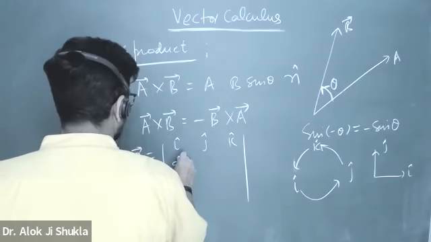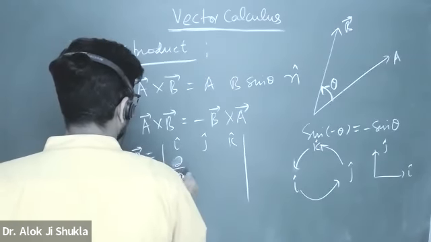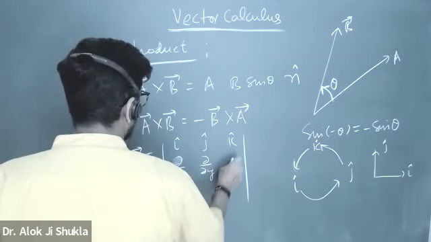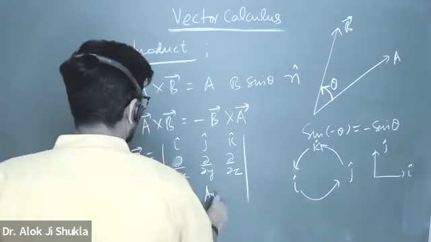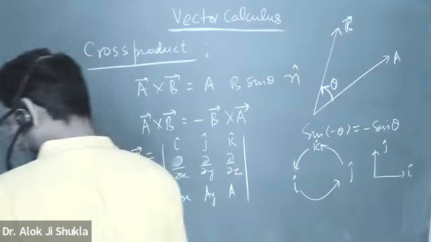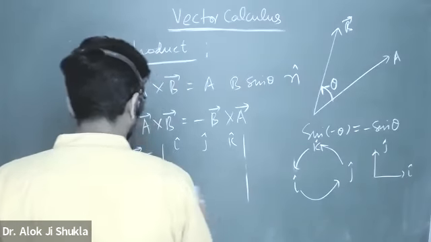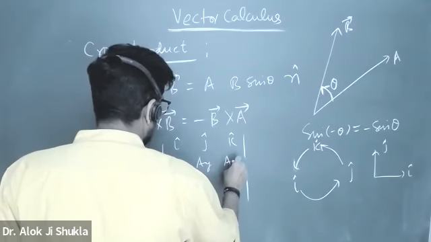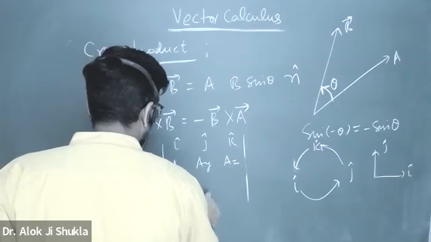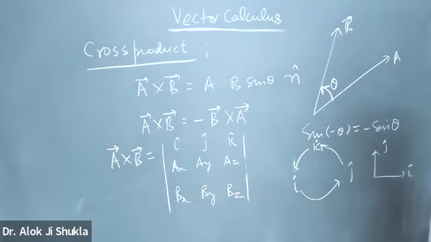I, J, K, then AX, AY, AZ and BX, BY and BZ. So this will be just A cross B, the determinant form.